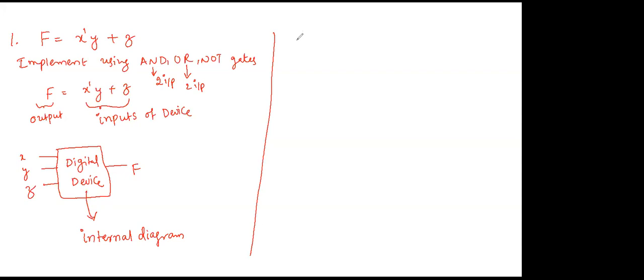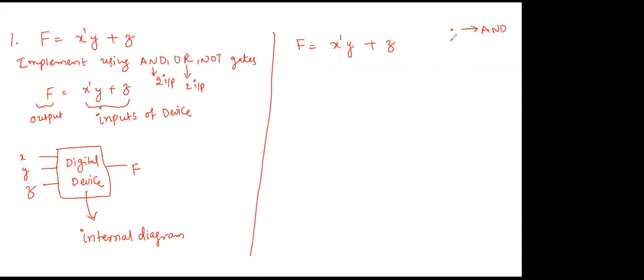The first thing you need to remember: dot or product indicates AND gate.